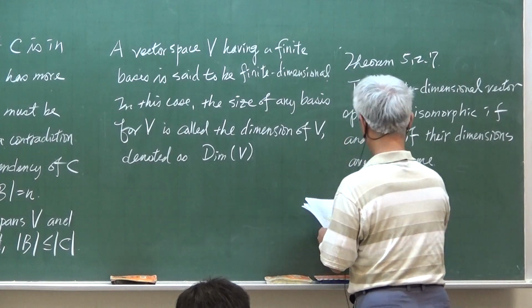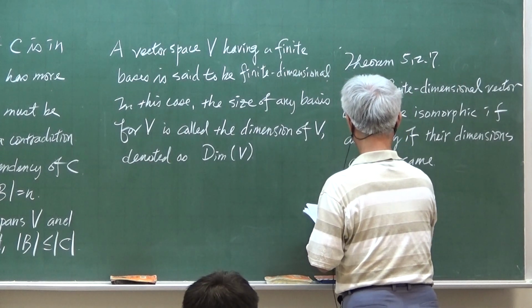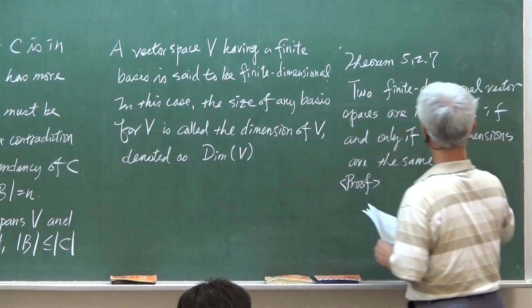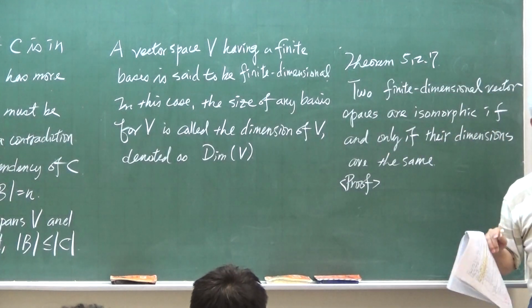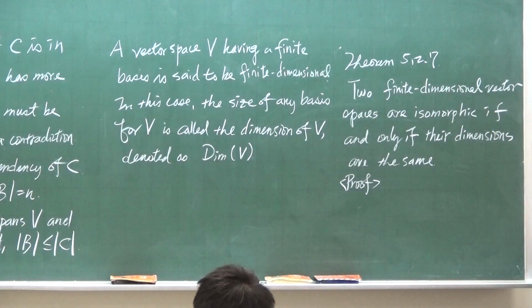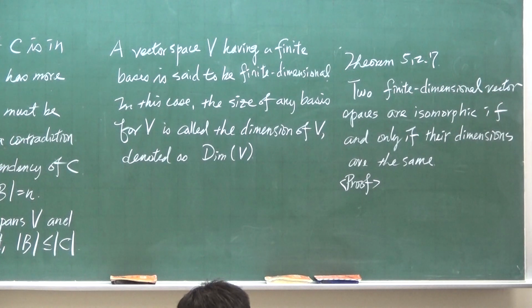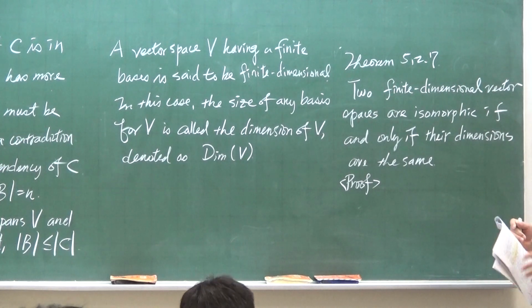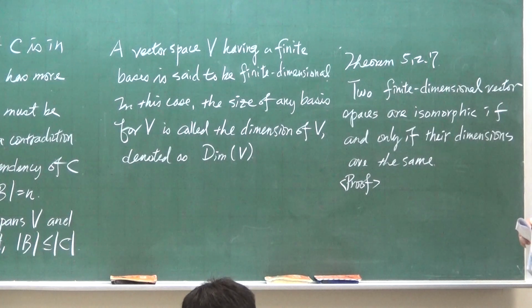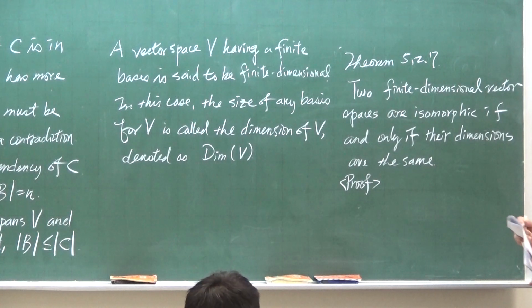All right. So to establish that two vector spaces are isomorphic, we just construct an isomorphism from one vector space to another vector space. Right? So this is our approach to establish an isomorphism.